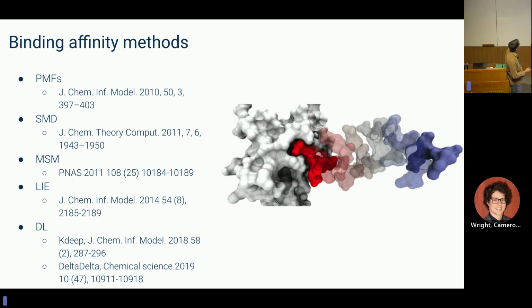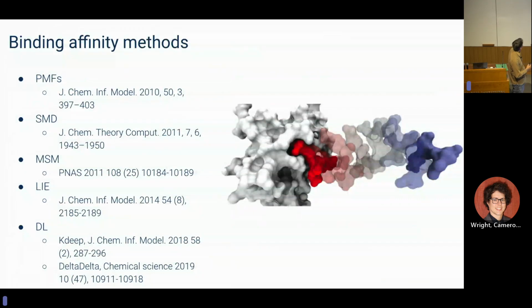But again, this is several microseconds, tens of microseconds to do one ligand. We looked at faster ways, like linear interaction energies, but at least in our hands it is a lot of work for about the same cost as Glide or any of these things.